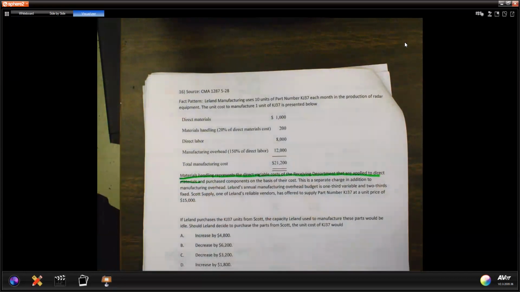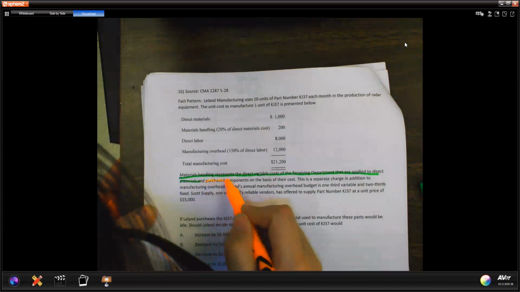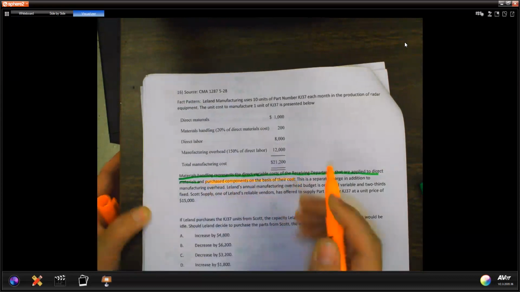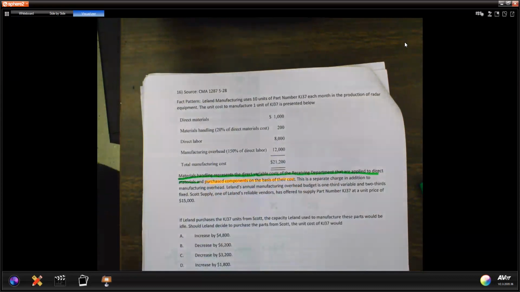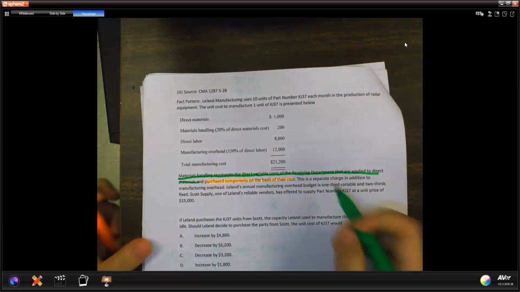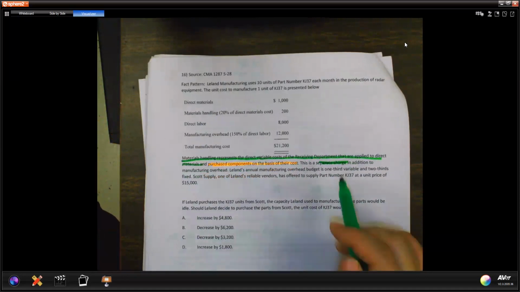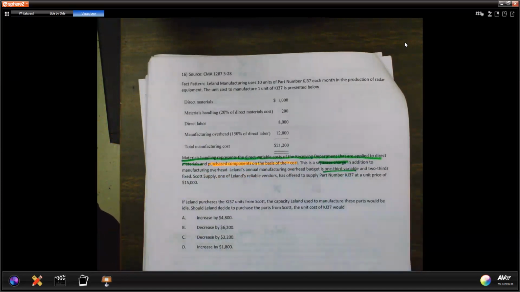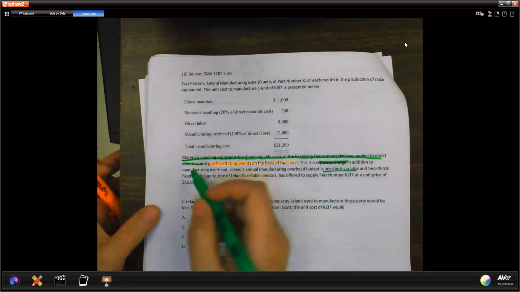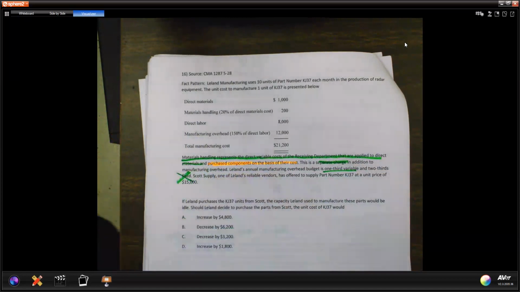So when you buy direct material, you have handling. But even if you purchase components, you also have the material handling cost. This is a separate charge in addition to manufacturing overhead. Manufacturing overhead is one third variable, which means relevant, and two thirds fixed, not relevant because the question didn't tell us otherwise.